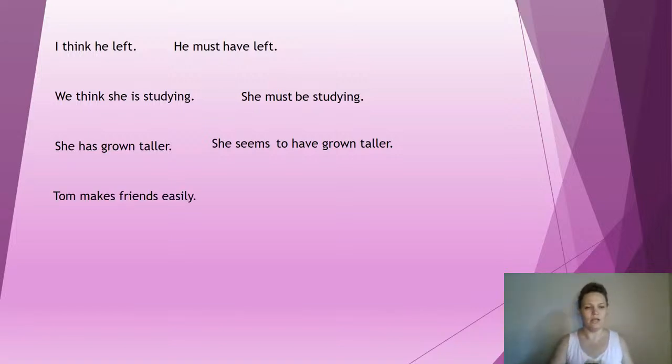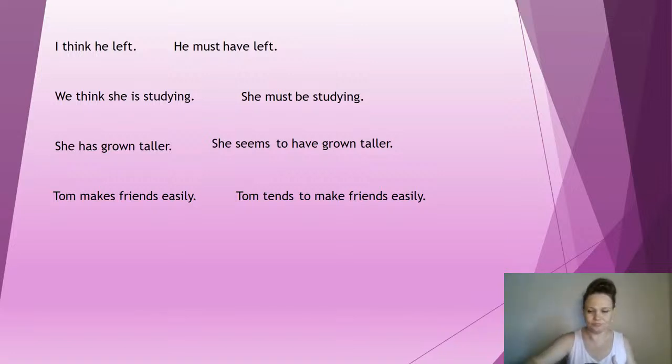The next one. Tom makes friends easily. The initial verb is in the present. So, Tom tends. There is nothing to save here, no past action, no continuous action, so we will just use the usual to infinitive. Tom tends to make friends easily.